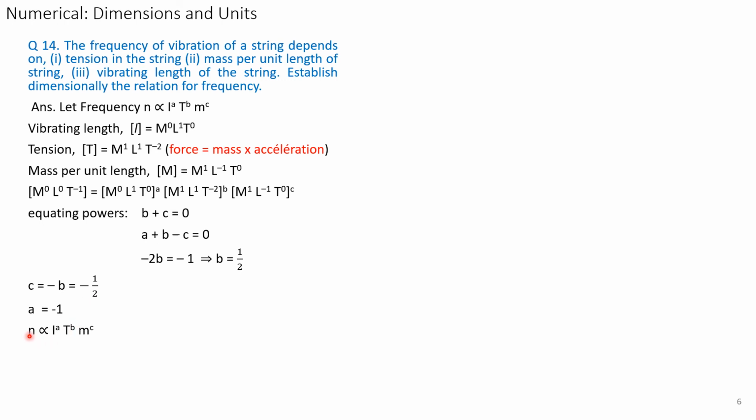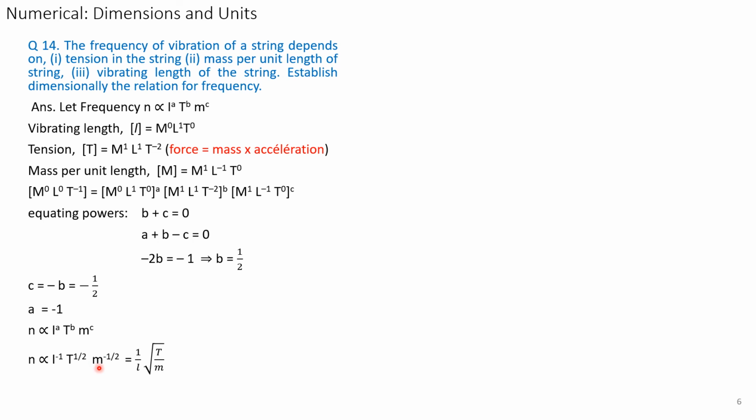Therefore, we know n is proportional to L to the power of A, T to the power of B and M to the power of C, which can be written as n is proportional to L to the power of -1 because the value of A is -1, T to the power of half because B is half, and M to the power of -half.